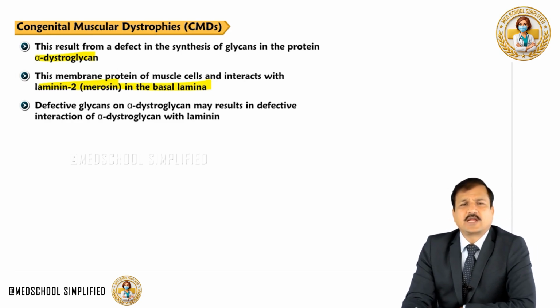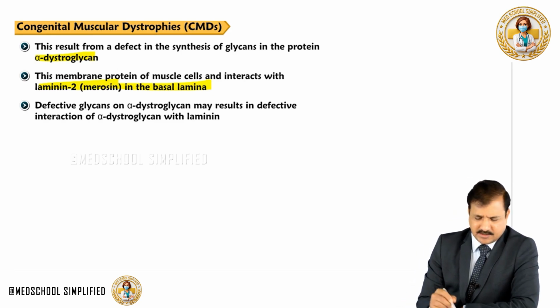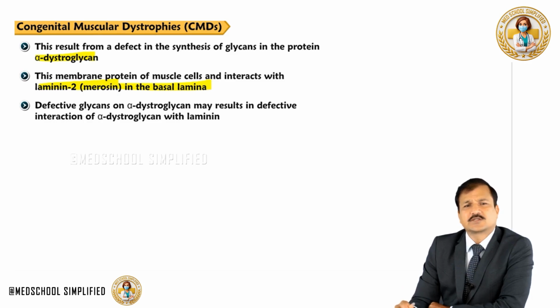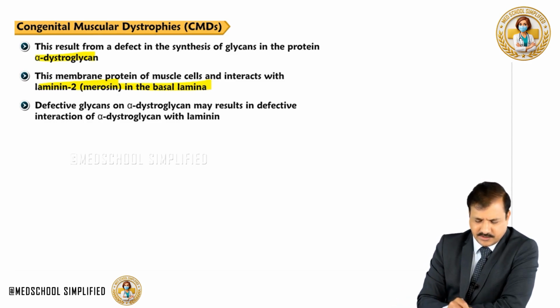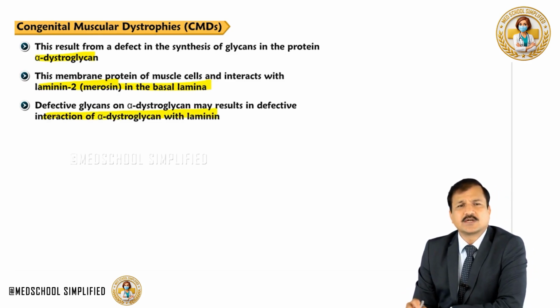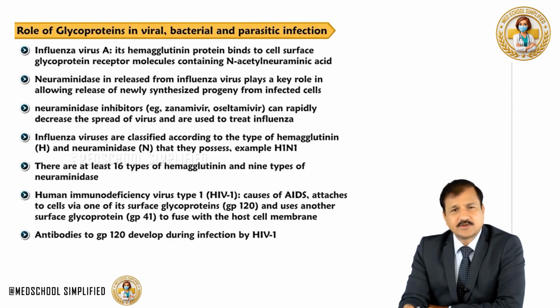So, the defective glycans on alpha-dystroglycan may result in defective interaction of alpha-dystroglycan with laminin, thereby giving rise to congenital muscular dystrophies.